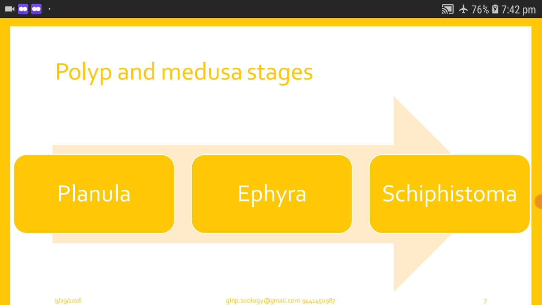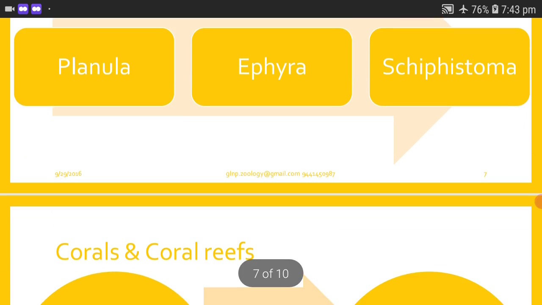Development includes the typical larva of coelenterates, that is planula. Apart from planula, there are certain other larval stages like ephyra and scyphistoma.